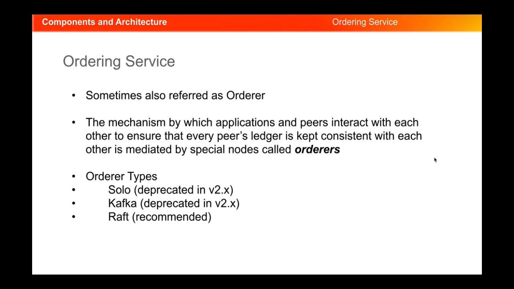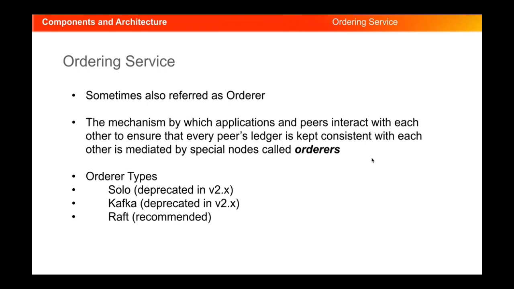So orderer makes sure that every peer's ledger is consistent across the network. This is the main purpose why we use the ordering service in Hyperledger Fabric.